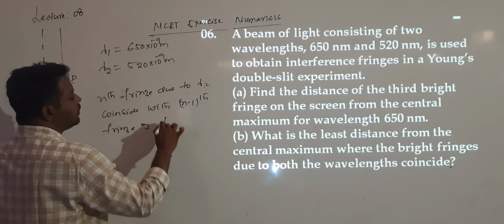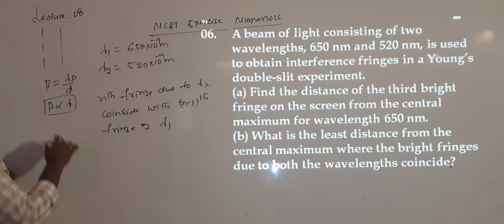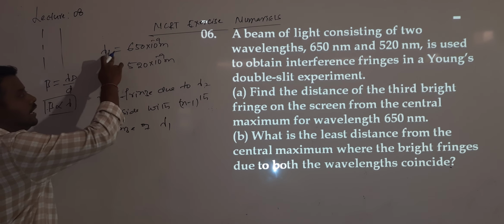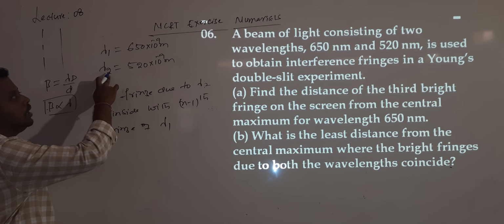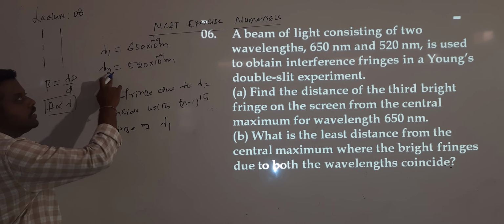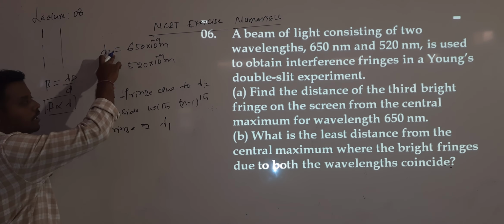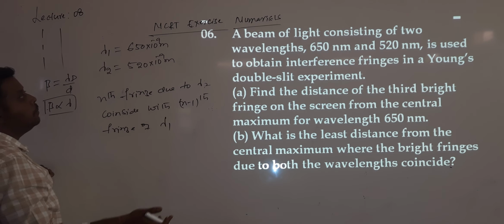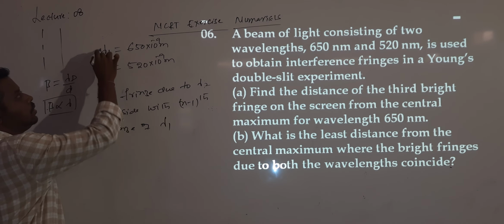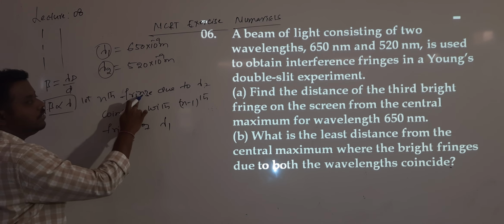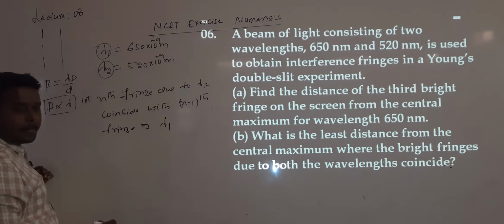I told you, since beta is directly proportional to lambda, lambda 1 fringes are wider and lambda 2 fringes are narrow. So wavelength lambda 2 will form more fringes compared with lambda 1. I don't know which fringe coincides, third or fourth, but lambda 2 forms more fringes. My consideration is the nth fringe due to lambda 2.